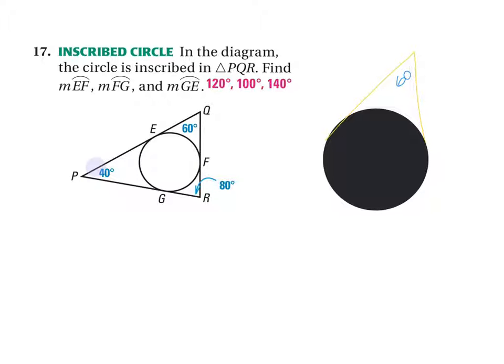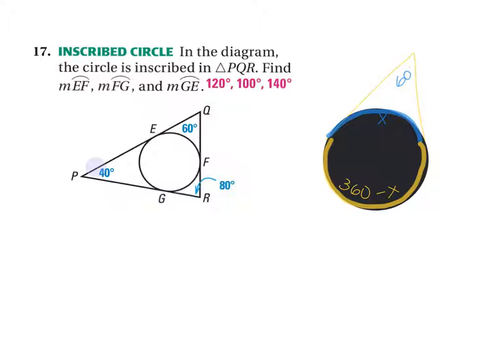So those are 2 tangents. Let's say I want to first find this arc, because that arc goes from here to here. What's the rest of the circle? 360 minus x. Good.